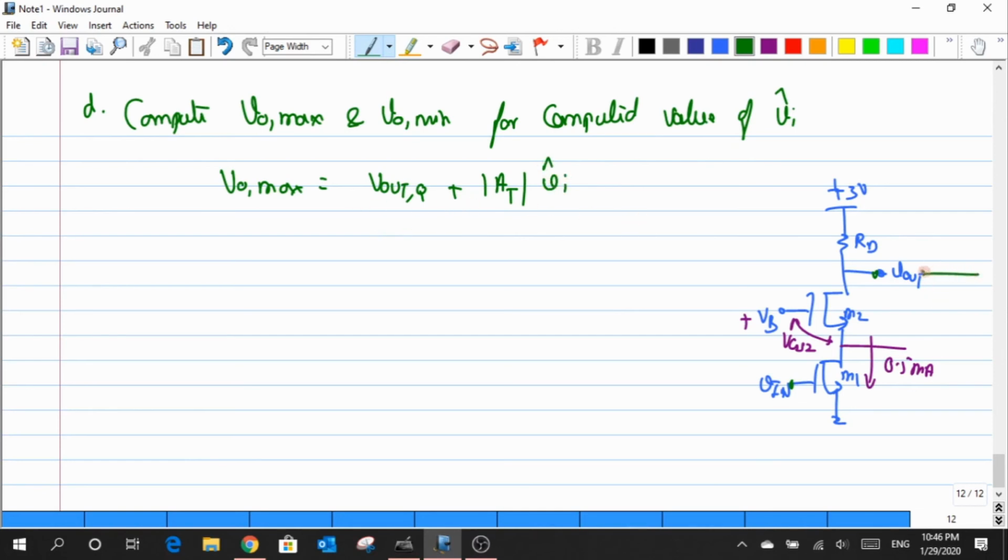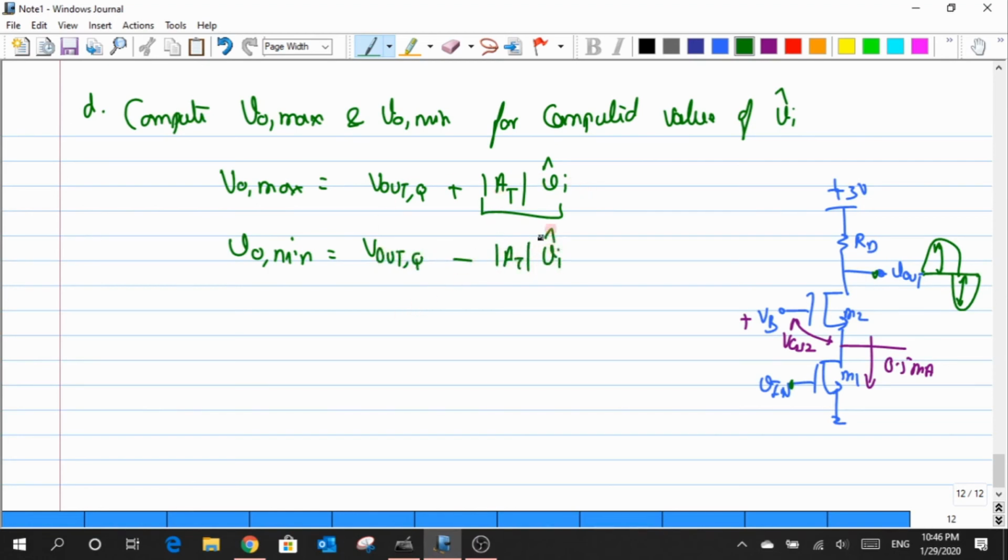I'm just trying to read out the maximum value. So the magnitude of this particular peak is nothing but the gain times the Vi swing. Similarly, one could also read out V out minimum as the Q point minus this magnitude, which is V out Q minus the total gain times my Vi hat.